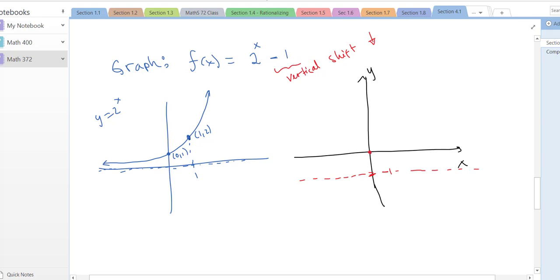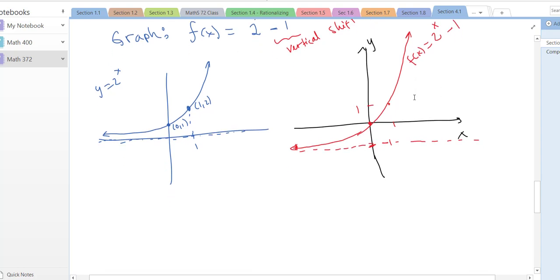And likewise, when x is 1, now you're going to have 2 to the 1 minus 1, so 2 minus 1, which is 1. So my whole graph essentially moved down vertically 1 unit. So that's what our graph will look like for f of x equals 2 to the x minus 1. So it's a vertical shift.